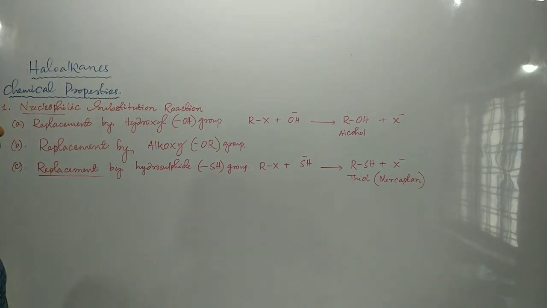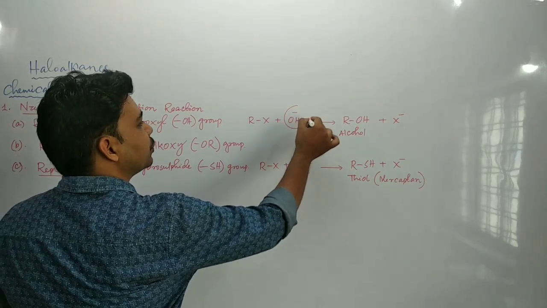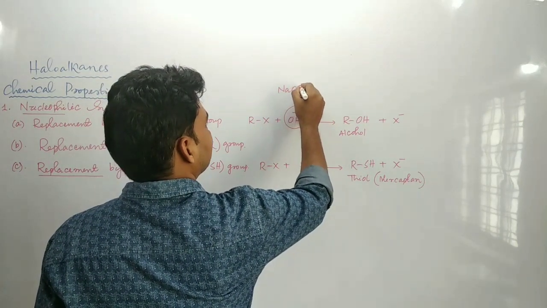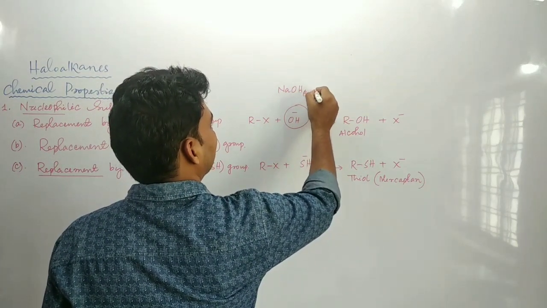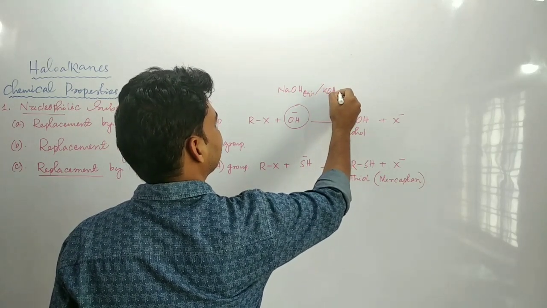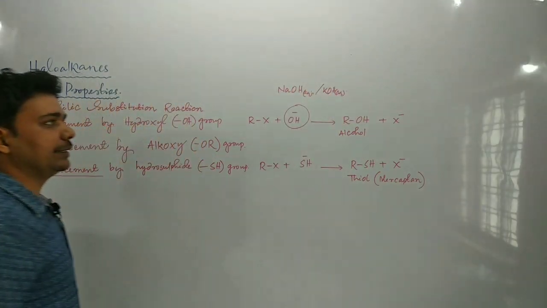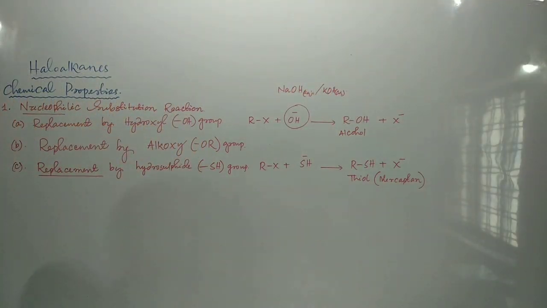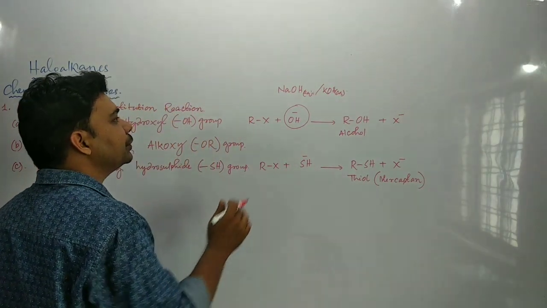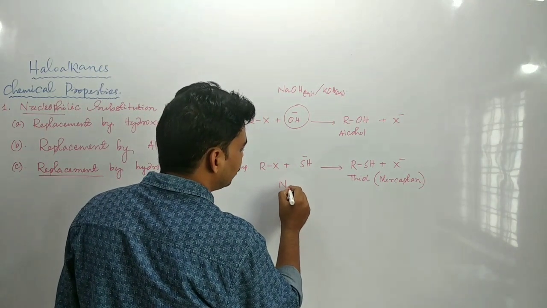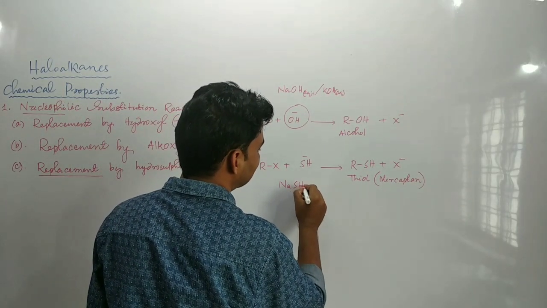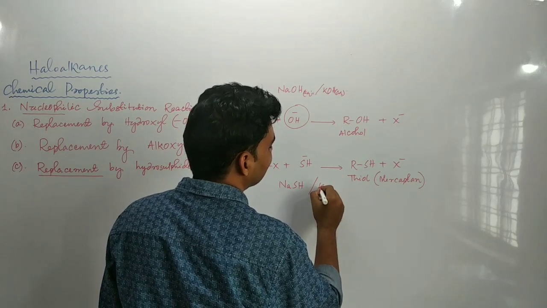Okay. In order to get this nucleophile, reagents like sodium hydroxide in aqueous medium or potassium hydroxide in aqueous medium were the basic reagents, right? Similarly, in order to get SH minus ion, we need to use sodium or potassium hydrogen sulfide, NaSH or KSH.